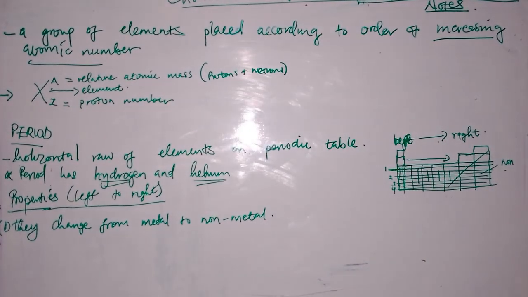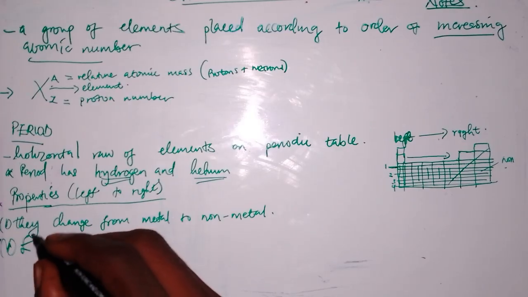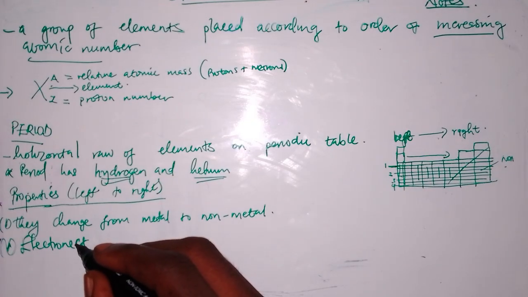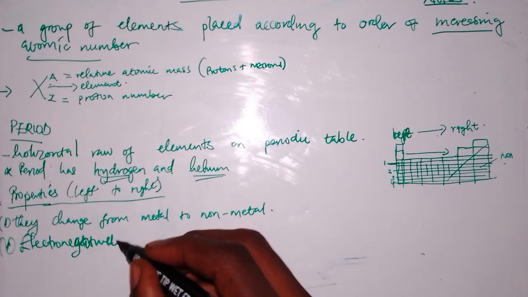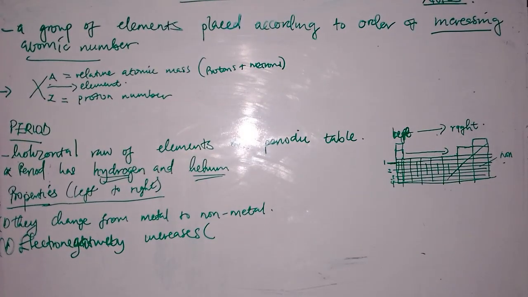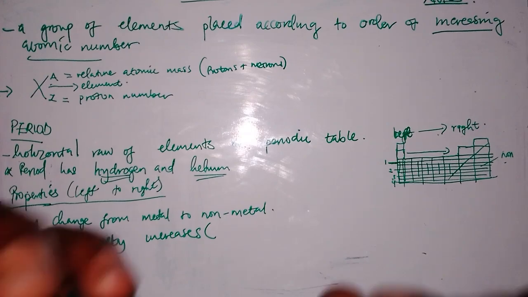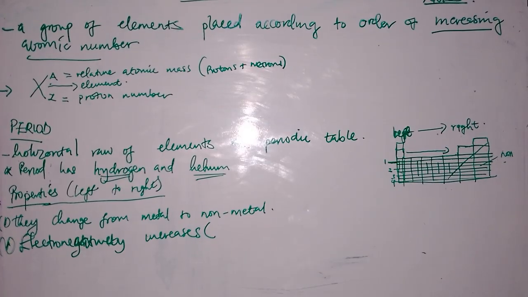Then the second property is that electronegativity increases from left to right. Most of you are asking, what is electronegativity? Electronegativity is just the ability of an atom to attract a pair of electrons in a covalent bond.